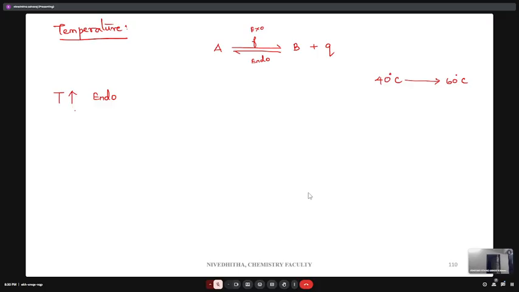So whenever you raise the temperature, this extra amount of heat energy is absorbed by the system to make the endothermic reaction occur. Here an extra 20 units of heat energy was absorbed by the system, and again the temperature was 40, right? So whenever you're raising the temperature, the endothermic reaction will happen. According to this example, the backward reaction will occur and bring the temperature again to 40. You're getting my point?